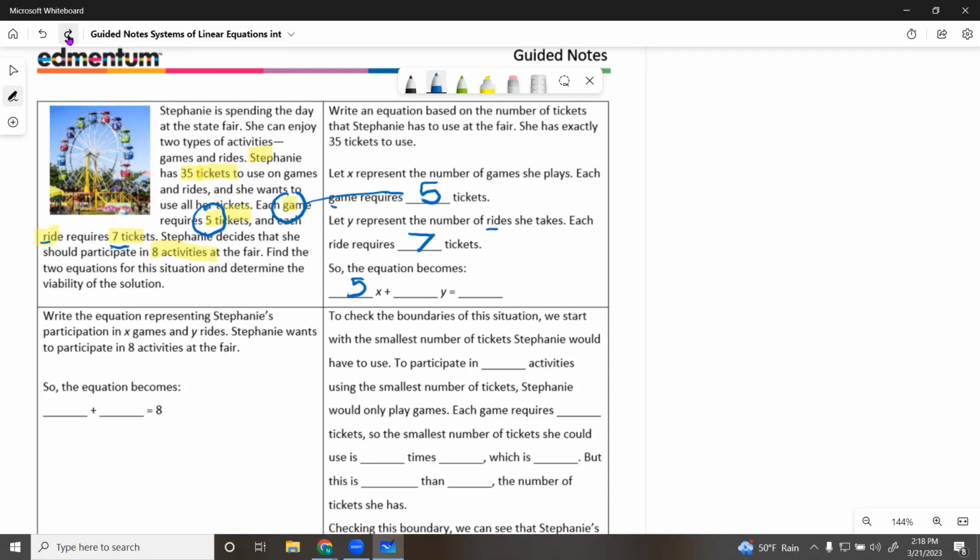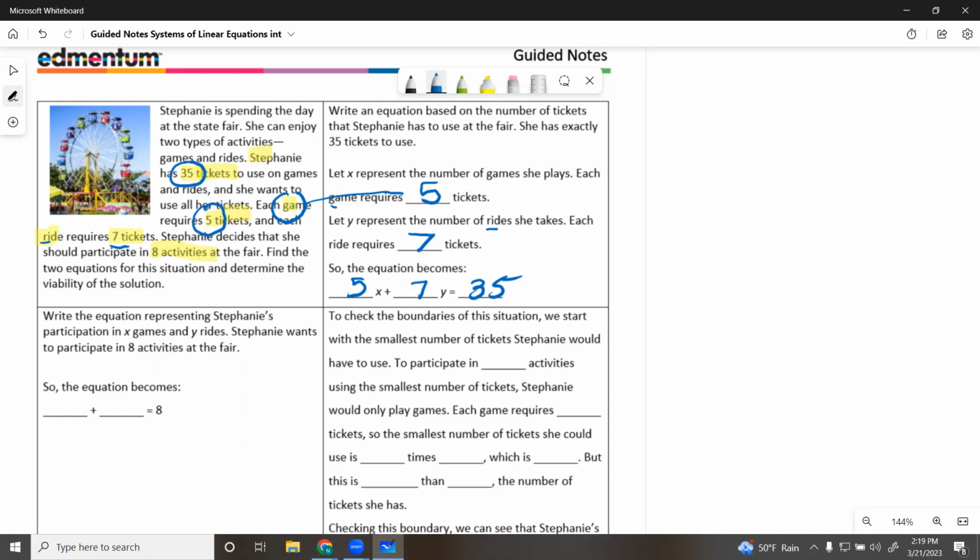Okay, so the equation becomes 5x, as in 5 tickets times each game, plus 7y, or 7 times the number of rides she rides. And she only has a total of 35 tickets. So it can only equal a total of 35 tickets.